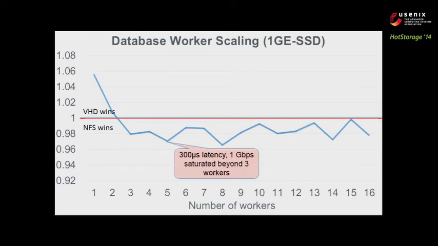Therefore, since the overhead of the VHD is no longer the bottleneck, the overhead remains very reasonable, within 2% of the NFS. So certainly, in data centers today, VHD is a good solution because it is still not the bottleneck, yet it is compatible with a lot of hypervisor-based features.